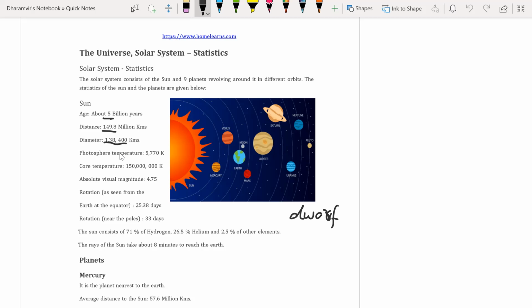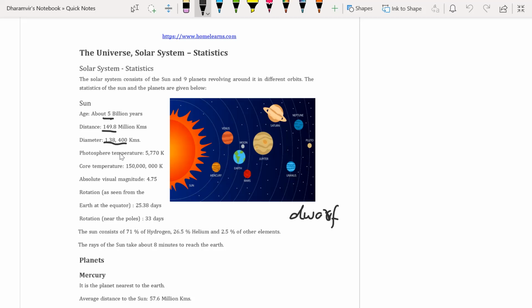It varies from the top of the photosphere to the bottom of the photosphere of the sun, between 4,000 and 6,000, with 5770 being the average. This is the upper layer, and 4,000 is the minimum.